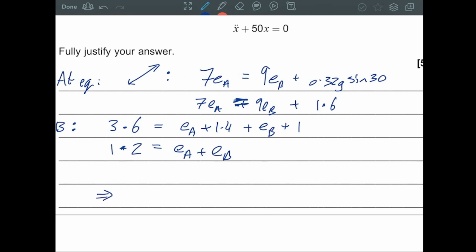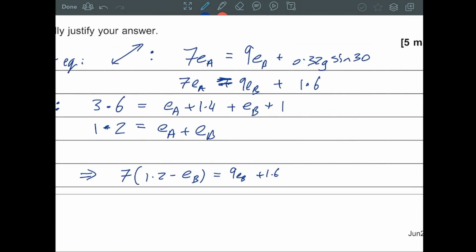Now these are a pair of simultaneous equations to solve. So let's do so. I've got 7 lots of 1.2 minus EB, equals 9EB plus 1.6. Now you should never actually do this, but I'm going to keep going down so I don't have to turn the page. So I've got 7 times 1.2, and I'm going to bring the 1.6 over.